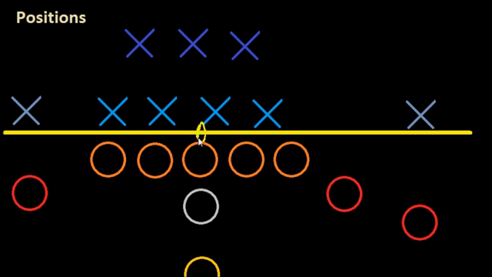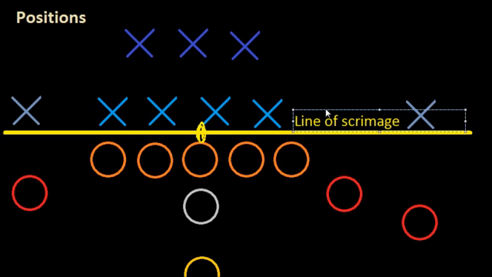So the ball is in the middle, and it is separated by this line. The offensive guys cannot go past this line, and nor can the defensive guys go over this line, or they would be considered offside. And so this line, the yellow line, is called the line of scrimmage.